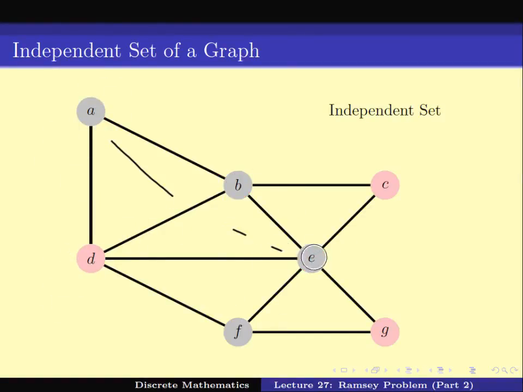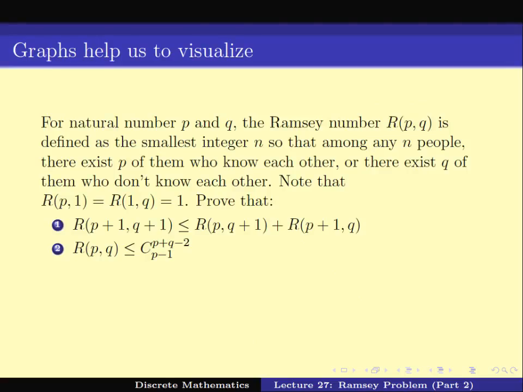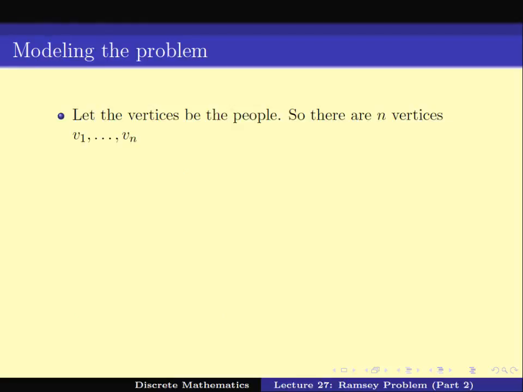Now using these two notions, we can visualize this problem. To visualize it, we have to first of all create a graph. Namely, let the people be n vertices v1 to vn.